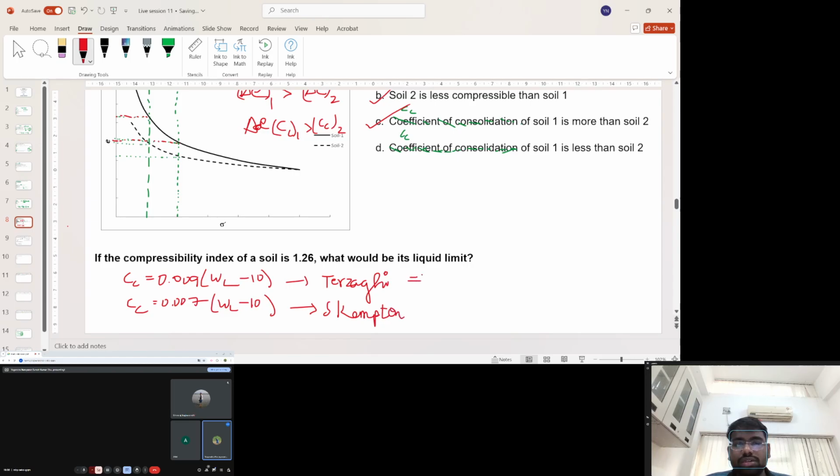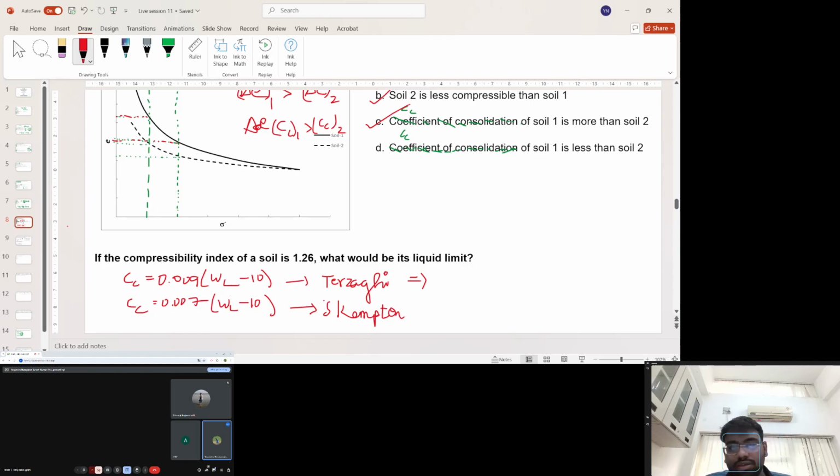So based on this relation, what is the value? 24, I think. 0.26 divided by 0.009. Okay, 50 here. How much are you getting? 150, sir. 150.